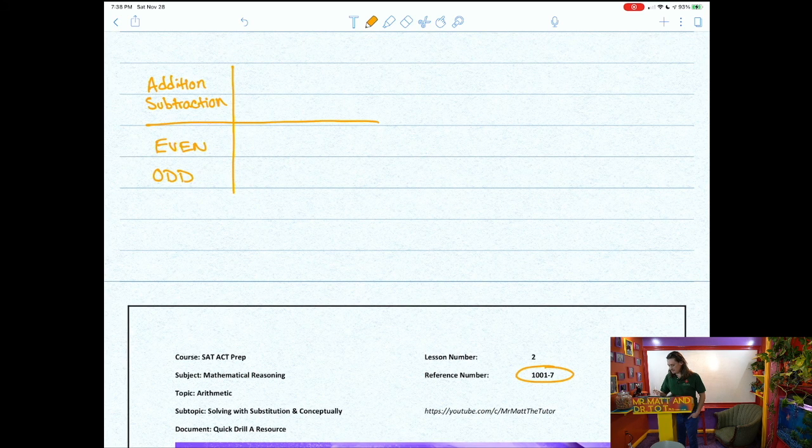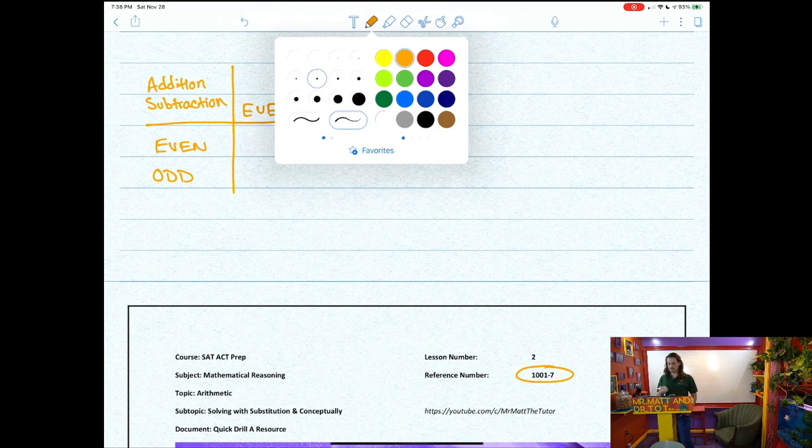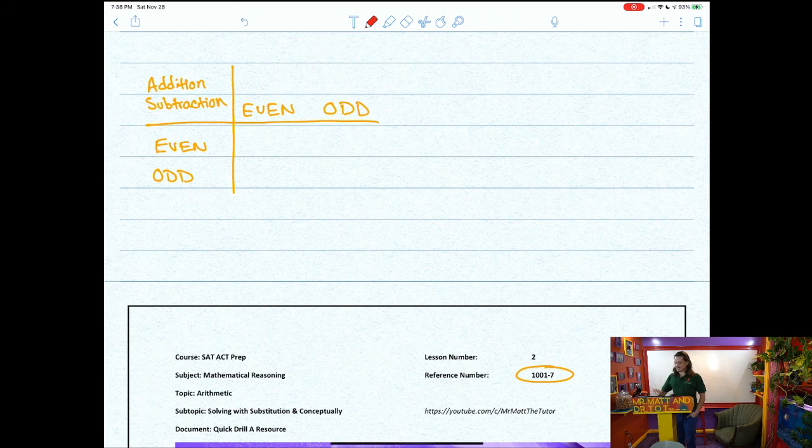If we have an even-odd combination here, there are predictive outcomes that we can always rely upon logically. So if we have an even plus an even, that's always going to result in an even value. If we have an even plus an odd, that's always going to result in an odd value. If we have an odd plus an even, that will always be odd. And if we have an odd plus an odd, that's going to be even.